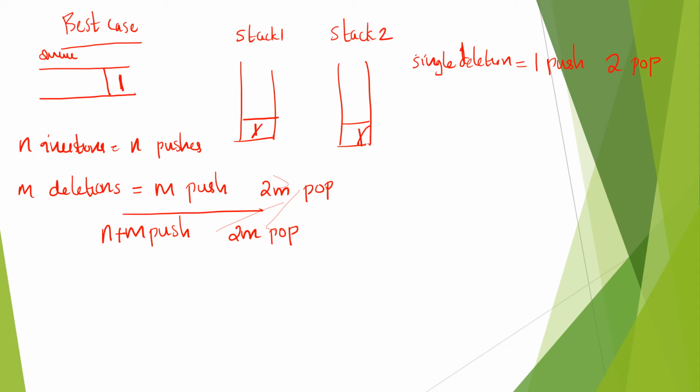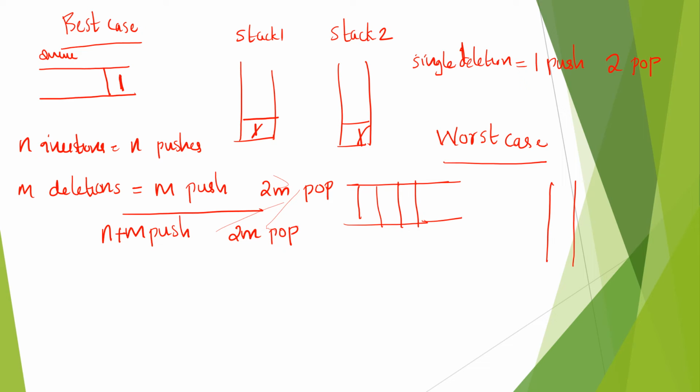In the worst case, let's see. The worst case means inserting n elements into the queue first, then deleting m elements. Okay, so I have the queue here and I have two stacks here.